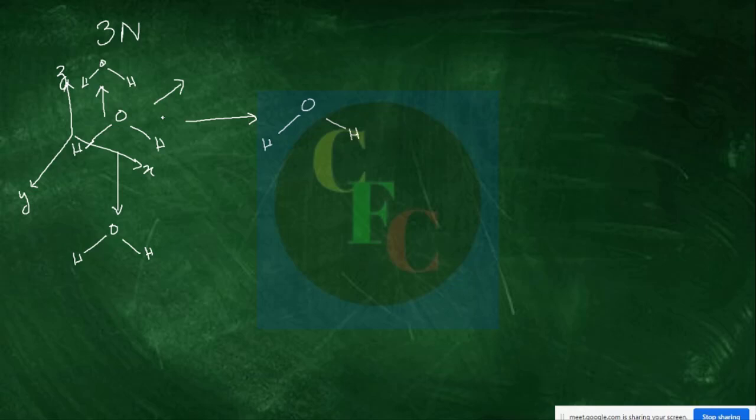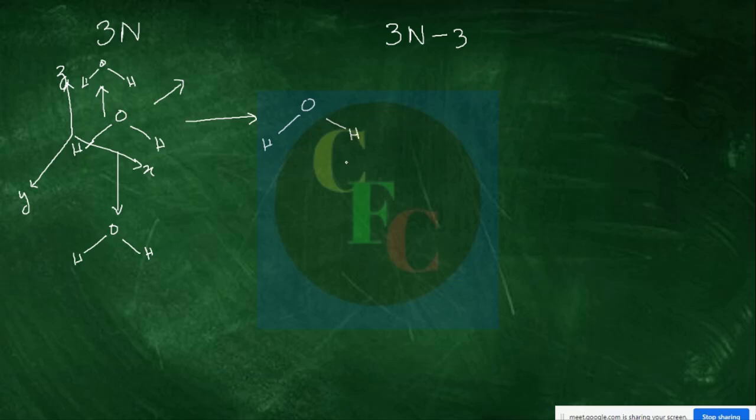So 3 degrees of freedom are taken away by this translational motion. So we are left with 3n minus 3 now.